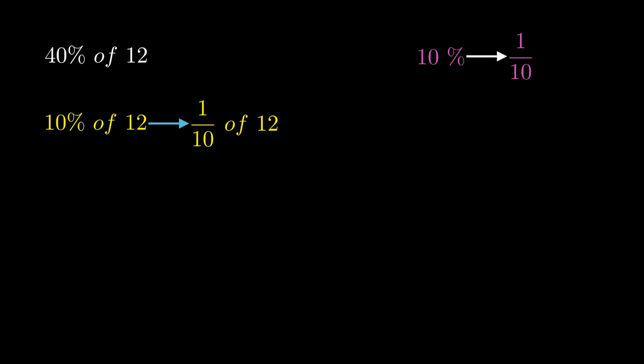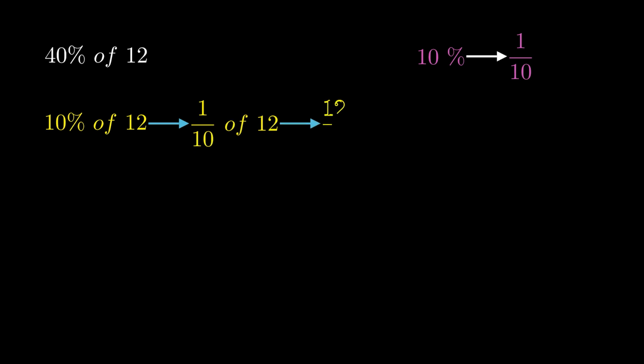Let's take one example where decimals are involved. Okay, what is 40% of 12? Again, we'll fall back on the same logic. If we want to go to 40, it is easier to go from 10. So let's first find out what is 10% of 12. 10% of 12 means I have to divide 12 by 10.